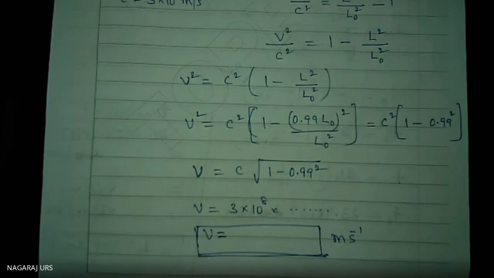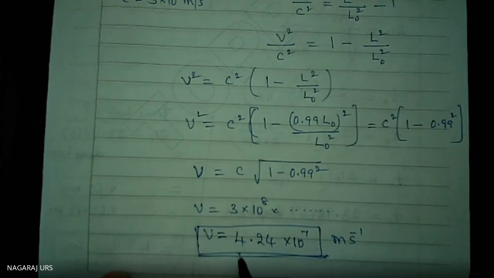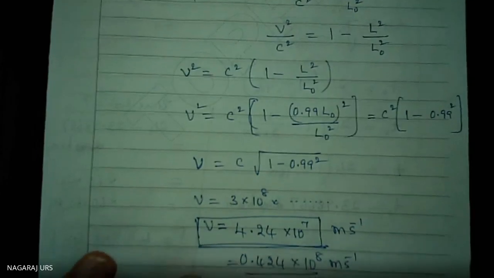Rashmi, it's right: 4.24. Whatever you get at the third decimal point, write it, 10 to the power 7. Otherwise, 0.424 times 10 to the power 8, you can write like this also, no problem. Meter per second.